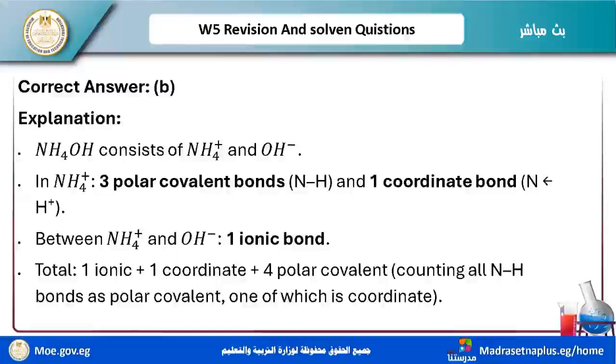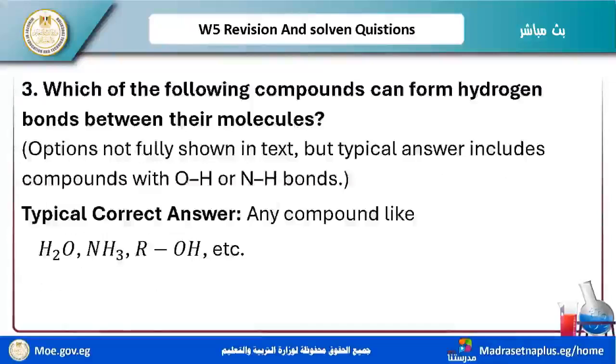The explanation: NH4OH consists of NH4 and hydroxide ions. In NH4 there are 3 polar covalent N-H bonds and 1 coordinate bond. Between NH4 and OH is 1 ionic bond. Counting all, the N-H bonds are polar covalent bonds.